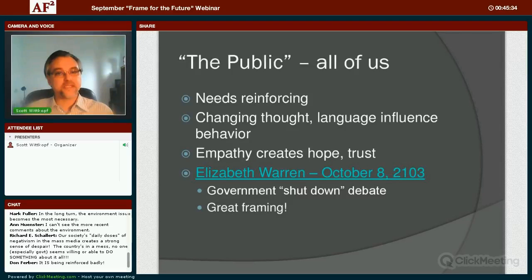And one of the points that I would like you to take away is that empathy is a positive emotion, right? What trumps fear? Sorry, no pun intended with saying trumps fear. But what trumps fear? It's hope. Hope always trumps fear. And empathy creates hope and trust, right? If you are living in a society where there's empathy, then that means that you know that people care for you just as you care for others.